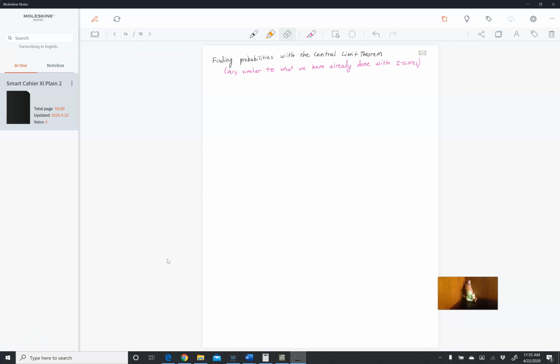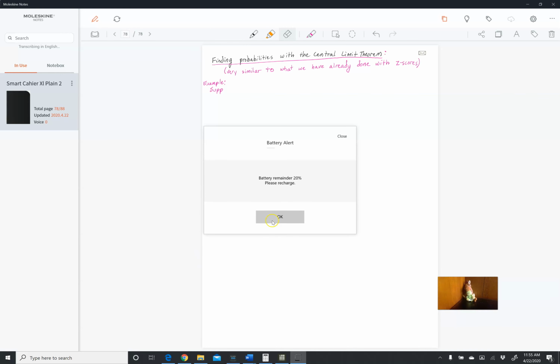Okay, so let's suppose, this is an example. I'm underlining because it's not unrelated to what we did.